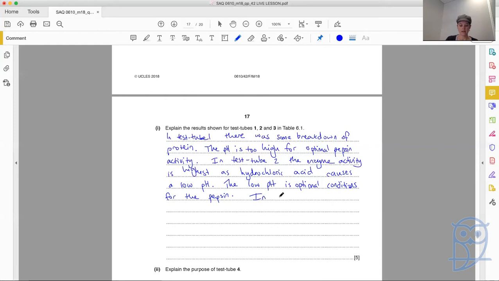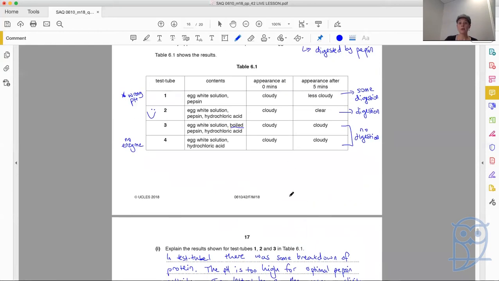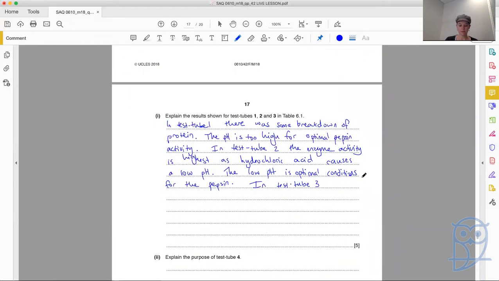Then lastly, in test tube 3, that was the one, remember, that has boiled pepsin, denatured pepsin. The pepsin does not break down the protein because it was denatured. Use those technical terms by boiling.